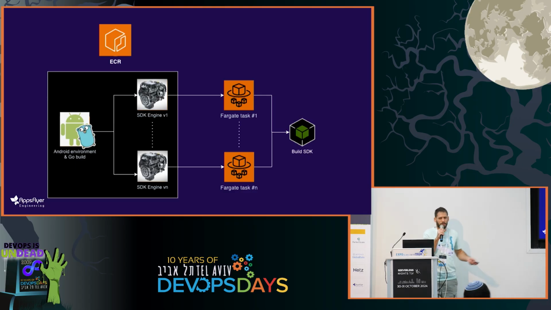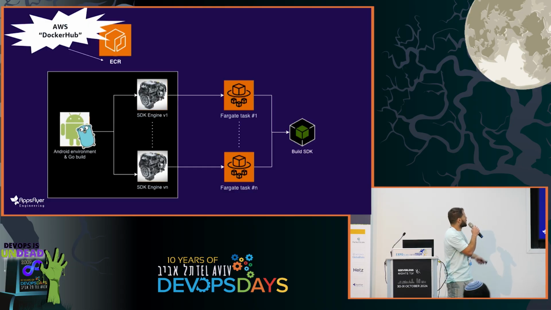If you know what an ECR is, basically a container registry, the repository where we store the containers, like AWS Docker Hub, basically. And the great thing about this is that, let's say the SDK team decides to release a new SDK engine tomorrow. You just need to add a box here, and because the system is decoupled, it allows modularity in the system, and it's very easy. You just add a box here, you add the Fargate task, and you can choose it in the step function.